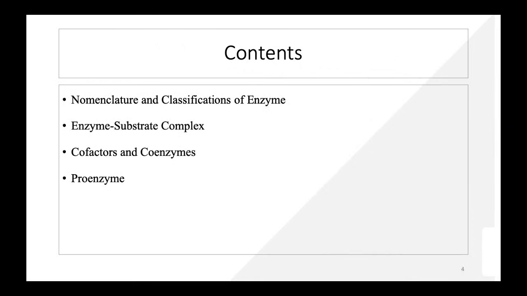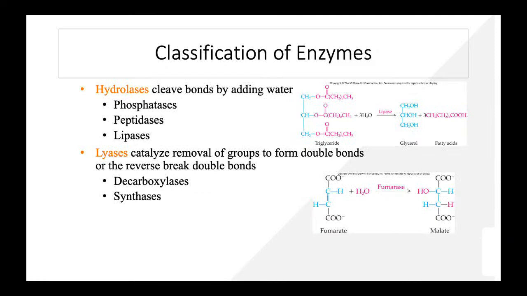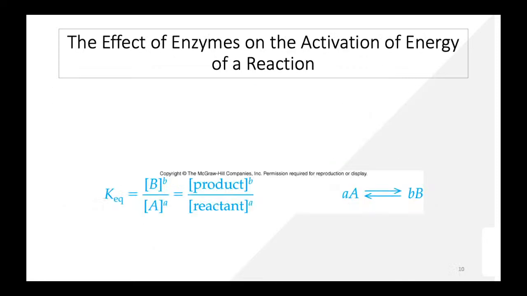We were discussing since morning nomenclature, classification, enzyme-substrate complex, cofactors and coenzymes, proenzymes. We have discussed six types of classification of enzymes with various examples. Then we discussed how we name the enzymes with 'ase' at the end, according to the property in which they work.